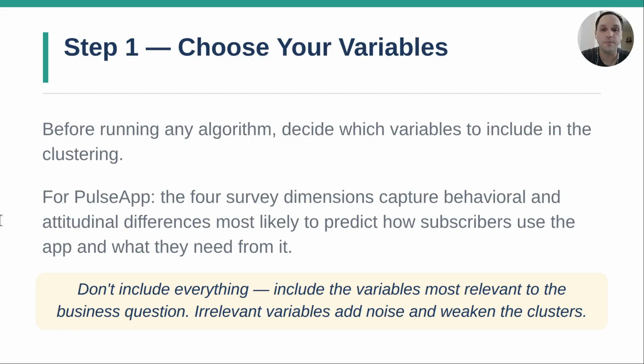The rule of thumb: include variables that are relevant to the business question and leave out the ones that aren't. Including irrelevant variables doesn't make the analysis richer. It adds noise and weakens the natural groupings. Less is often more.